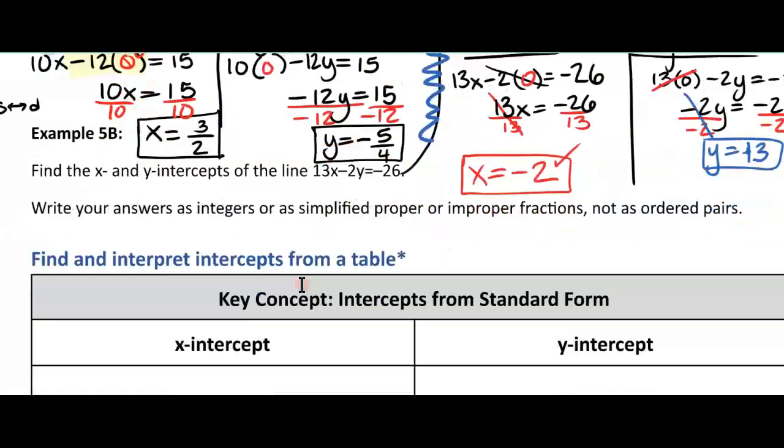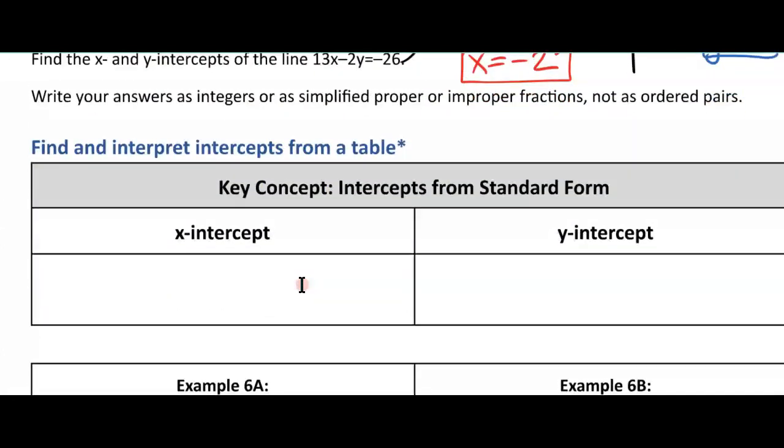What about when we don't have an equation, we don't have a graph, we have a table of ordered pairs or a list of ordered pairs. This should say intercepts from a table. If you can scratch that out, it's a table or ordered pairs. I copy pasted.